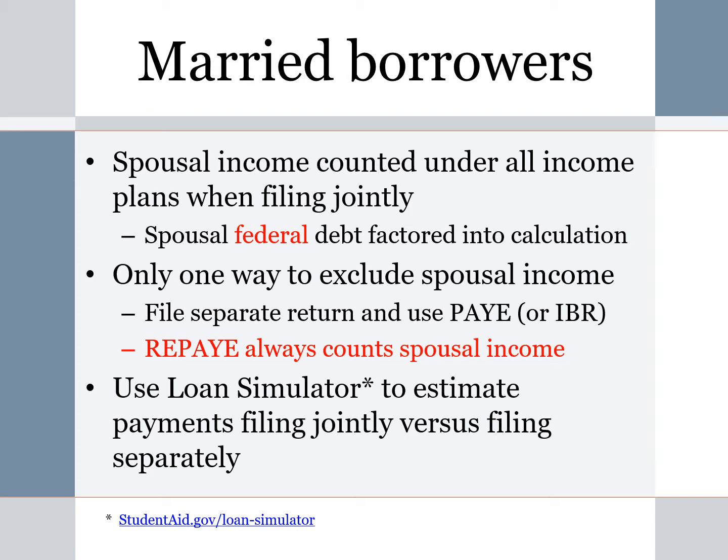Now, we would ask you, if you're married, don't assume you're going to need to file a separate tax return and use Pay As You Earn. Use the loan simulator to estimate the payments filing jointly versus filing separately. Very easy to do at studentaid.gov/loan-simulator. So use the loan simulator to run those estimates, married filing jointly versus married filing separately.